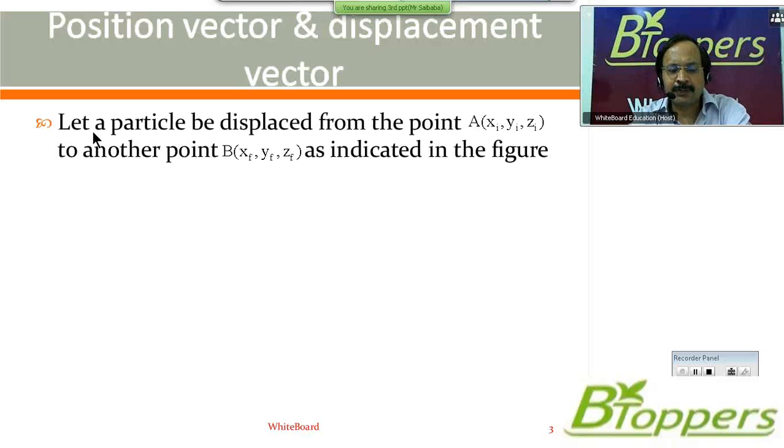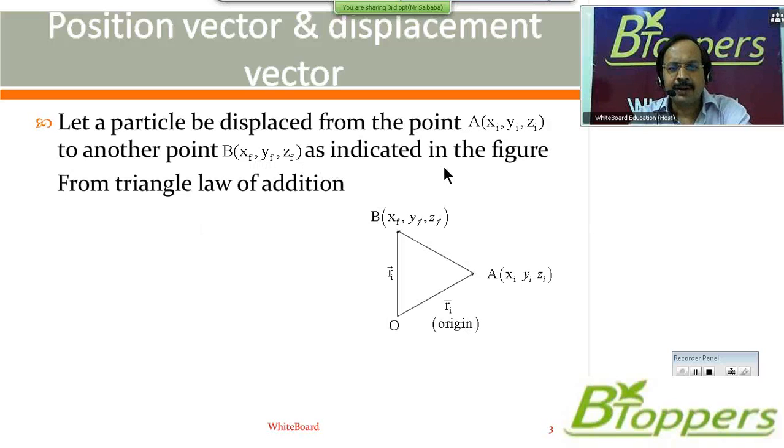Next, we discuss the displacement of the particle in vector form. Let a particle be displaced from the point A with coordinates xi, yi, zi to another point B with the Cartesian coordinates xf, yf, zf as indicated in the figure.